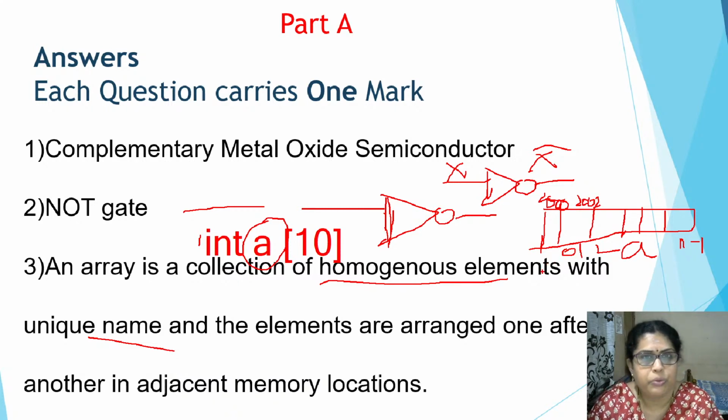So the next will be 2004, then 2006, then 2008. By knowing the first address of the array, we can access all the elements of the array. In the exam, you don't need so much detail, you just write: it's a collection of homogeneous elements with a unique name, and the elements are arranged one after another in memory locations. Hope I am clear.